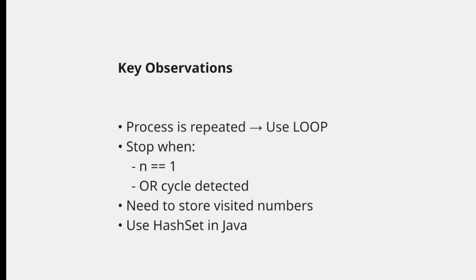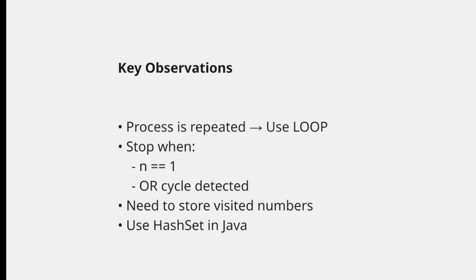And we have to identify when to stop. So here is the key question: when do we stop the loop? If we reach 1, or if we see a number we have already seen before, meaning we are in a cycle, it is not a happy number.